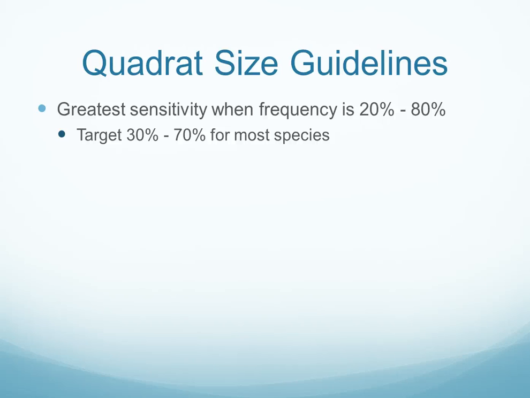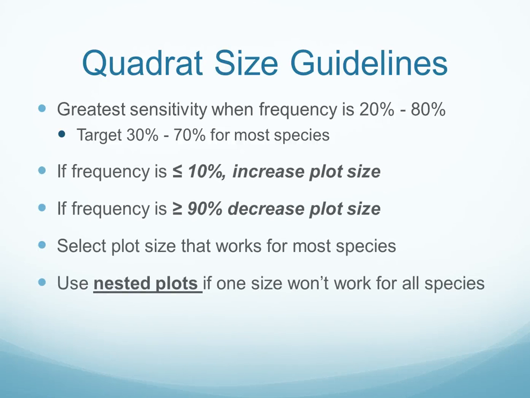And this is because of statistics and limitations of being able to detect changes at very, very low frequencies or at very, very high frequencies. Because of this, if the frequency is less than 10%, we need to increase our plot size. If frequency is greater than 90%, we need to decrease the plot size.